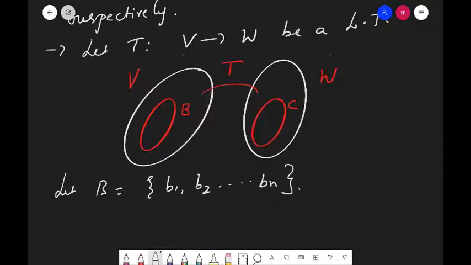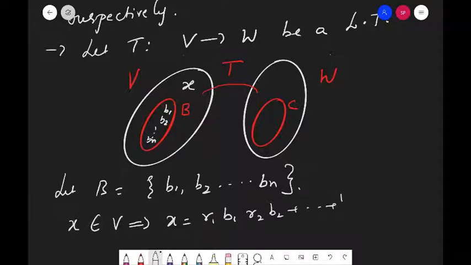Then whenever there is a vector x, we all know x belongs to V implies x is equal to R1 B1 plus R2 B2 plus and so on plus Rn Bn, because every vector in the vector space can be written as a linear combination of basis vectors.